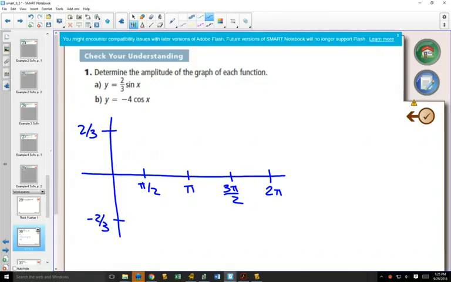We're not going to say it starts at 0, because sometimes we're going to move it up and down, but it will always start on the center line. So when we go to graph this one, it's going to start on our center line and go up to the maximum, down to the center line, down to the minimum, back to the center line. And this will be how we'll graph it.